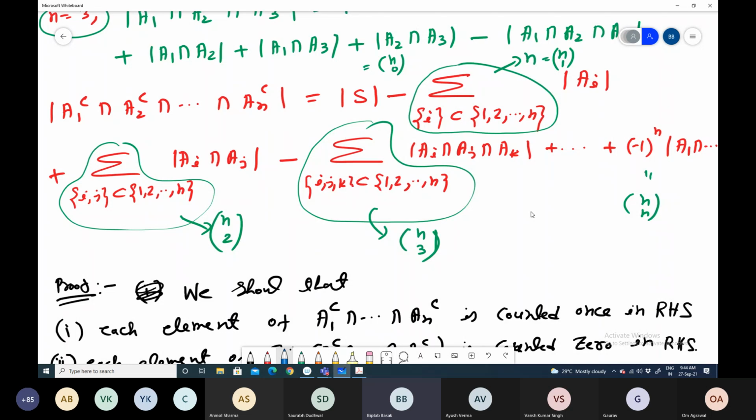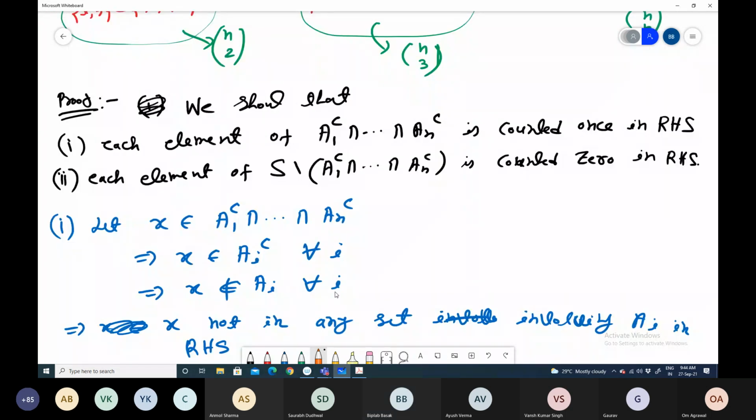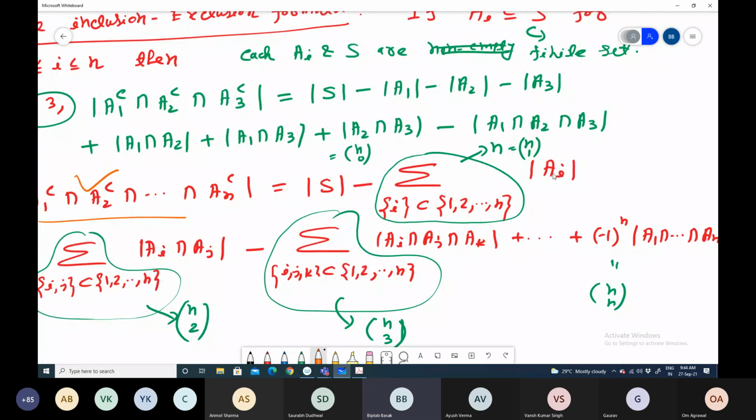So what I wanted to say is, if you are taking an element from this set, suppose X in this set, then we have seen that X is not in AI for all I. So if you take, for an example, A1, A2 here, X is not in here, not in here, not in here as well.